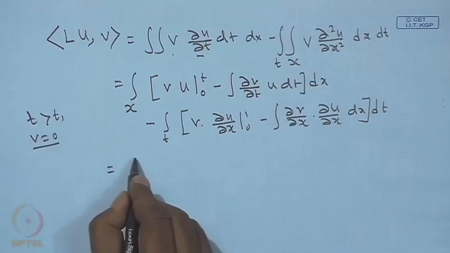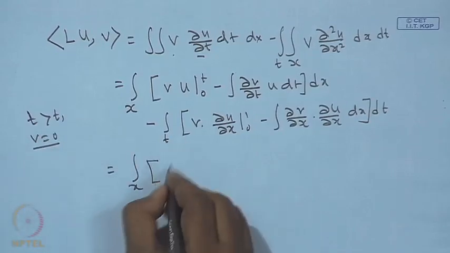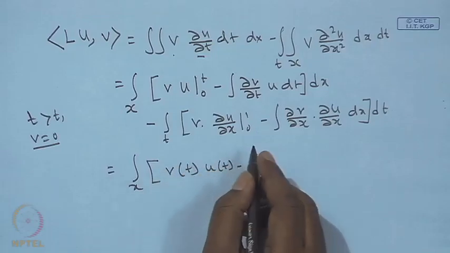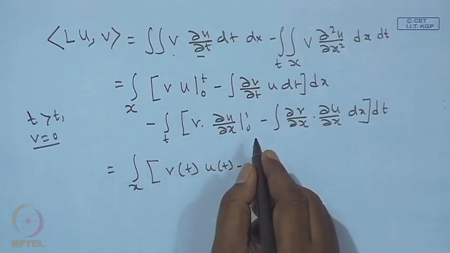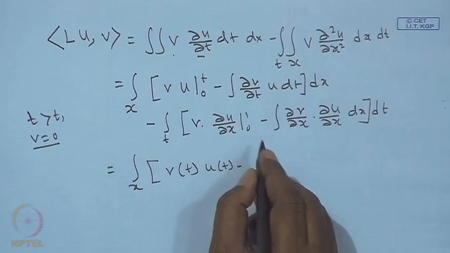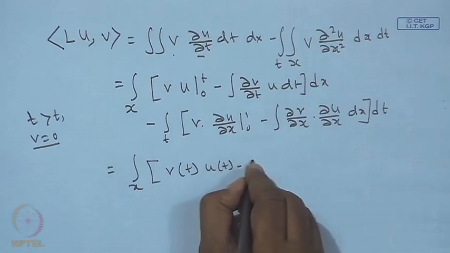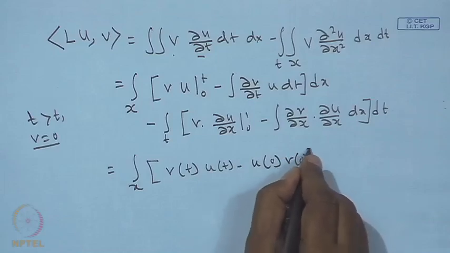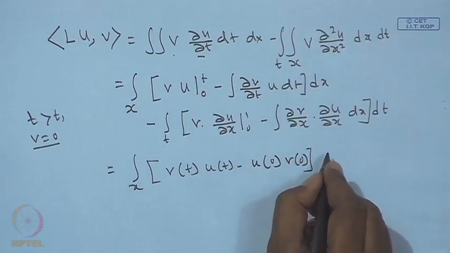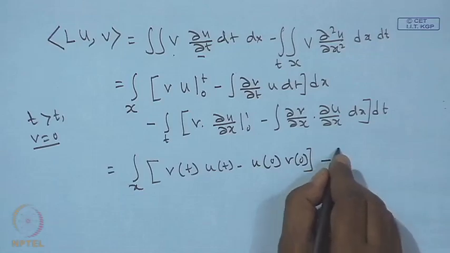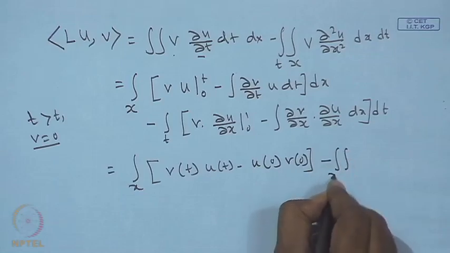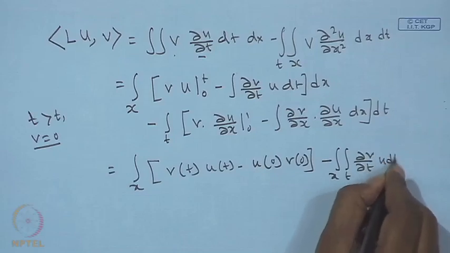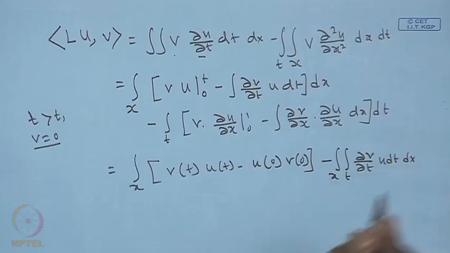So, we put it as v at t times u at t minus u at 0 times v at 0, that is 1, minus the integration over x and over t of del v del t u dt dx.